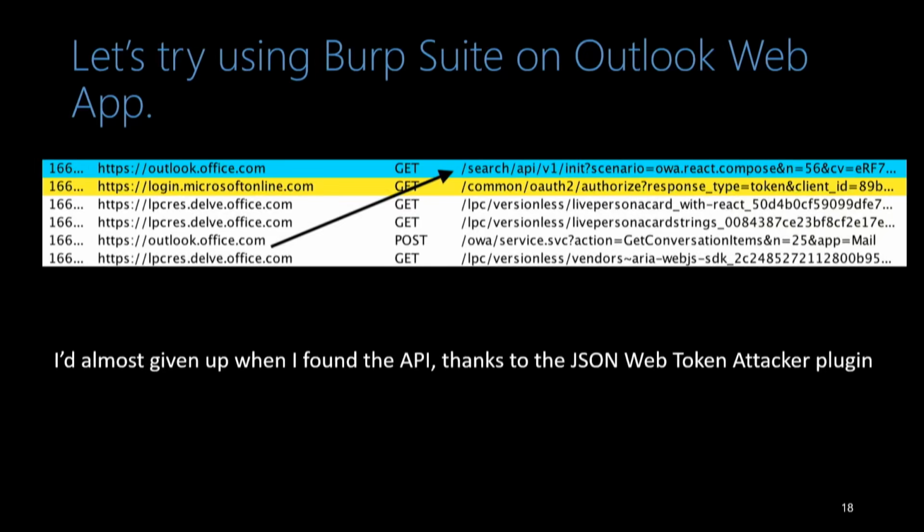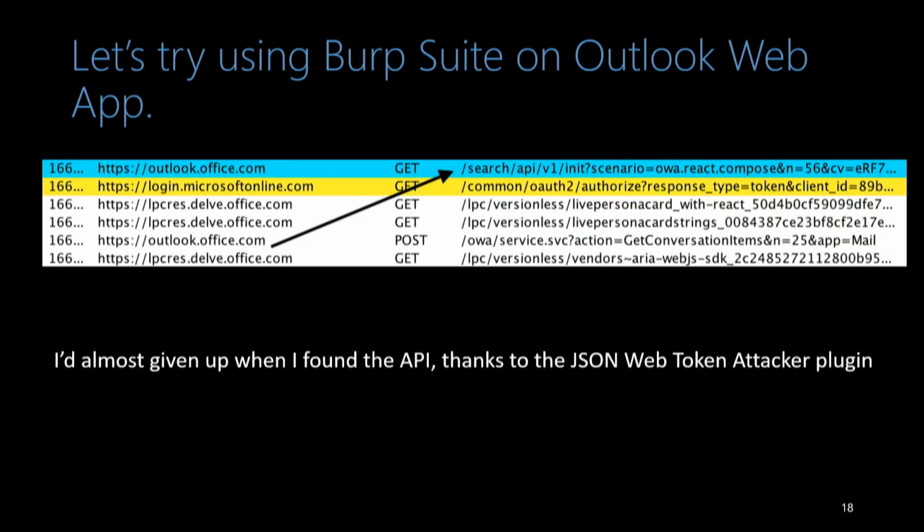The reason I chose to install this plugin is that whenever we see a JWT header, we have to look for its signature and algorithm. If the algorithm is none, then it means that we can do something with this JWT token and impersonate other users depending on the scenario.